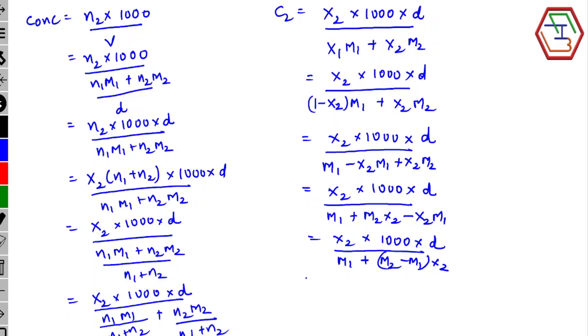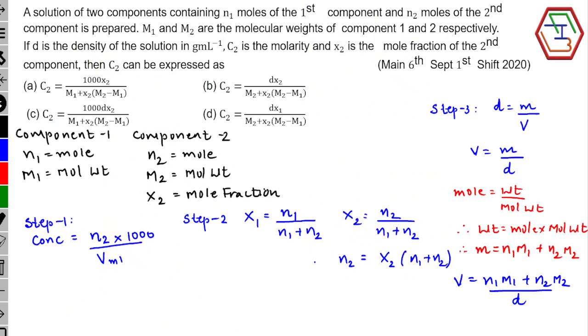So this is our required answer. So our answer will be C2 equals 1000 density x2 divided by M1 plus x2 (M2 minus M1). Our answer is C.